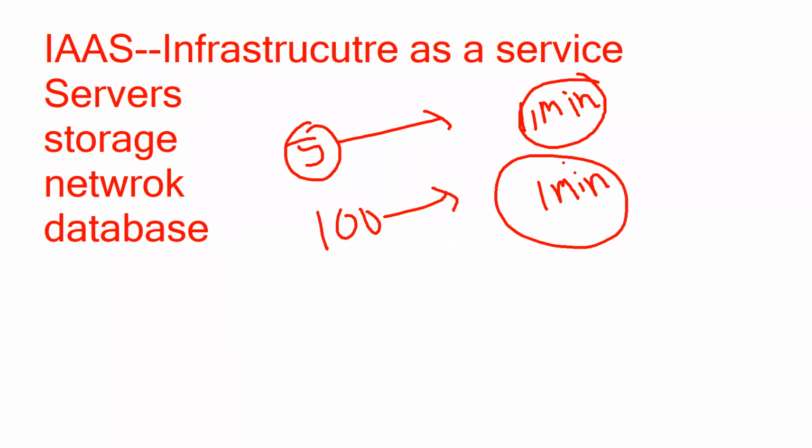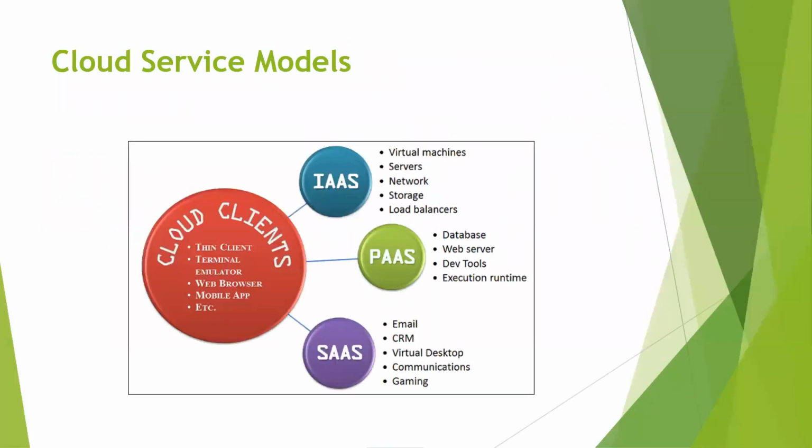So your required or expected environment is ready. On top of it, how to deploy the application and what kind of application to deploy all depends on your business requirement. This is infrastructure as a service. Next, PaaS.